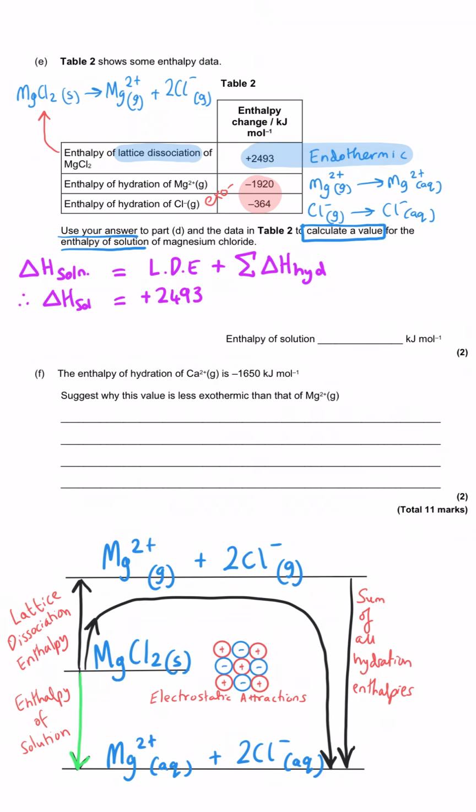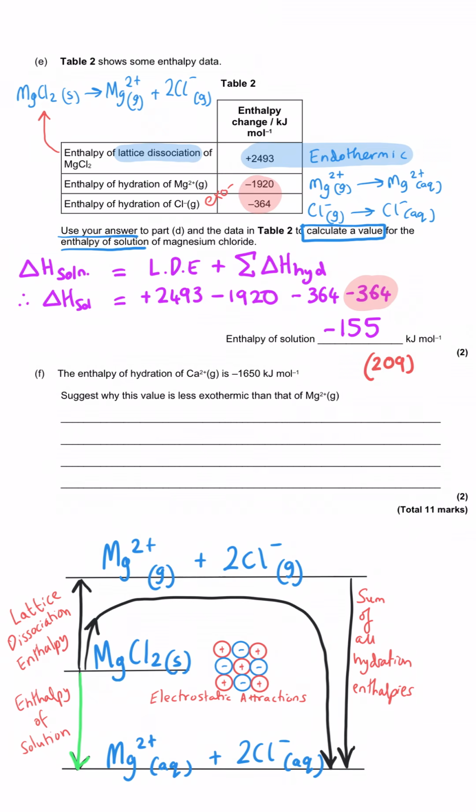So we need to take the 2493 for the lattice dissociation enthalpy, add to it the minus 1920 for the hydration of magnesium, and add to that minus 364 multiplied by 2, and then we get an enthalpy of solution of minus 155 kilojoules per mole. If you forgot to multiply the hydration of chloride by 2, you would still get one of these two marks.